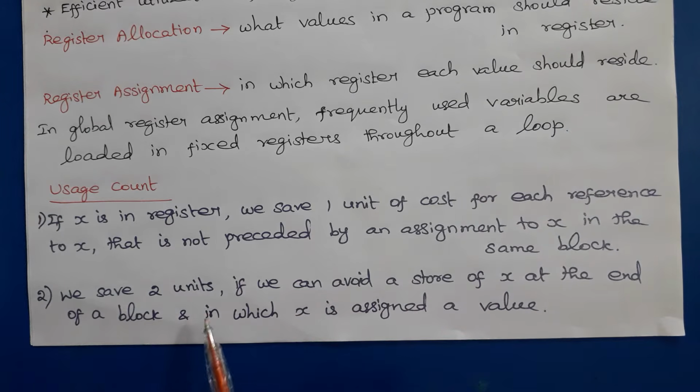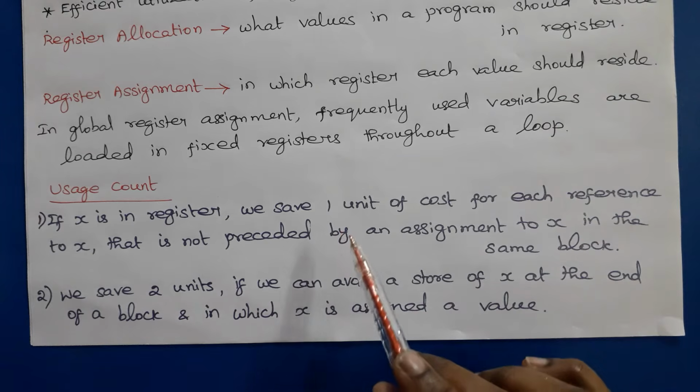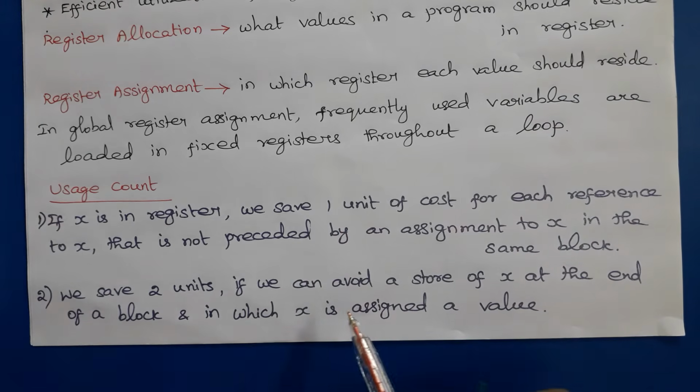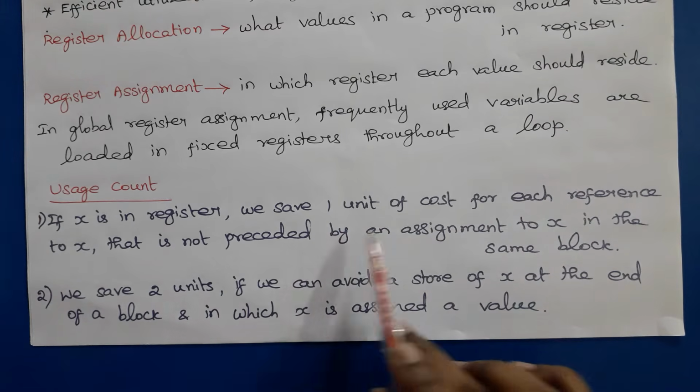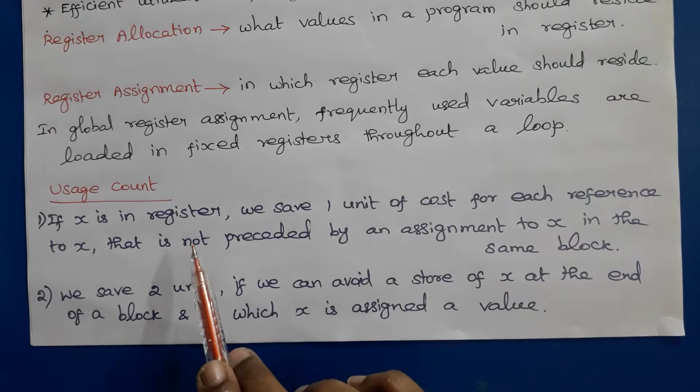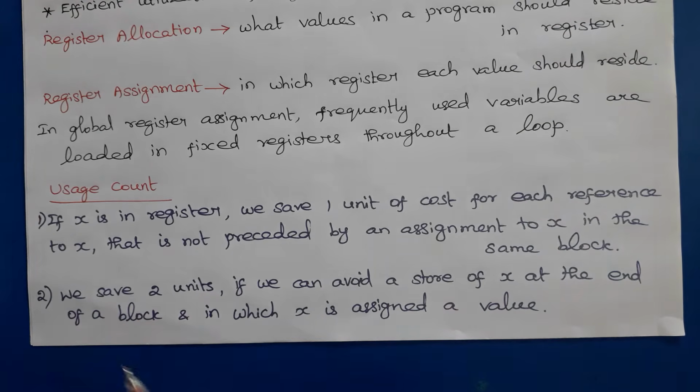So these are the two savings: 1 unit of cost for each use of x in the basic block, and 2 units of cost if we can avoid a store of x at the end of the basic block.